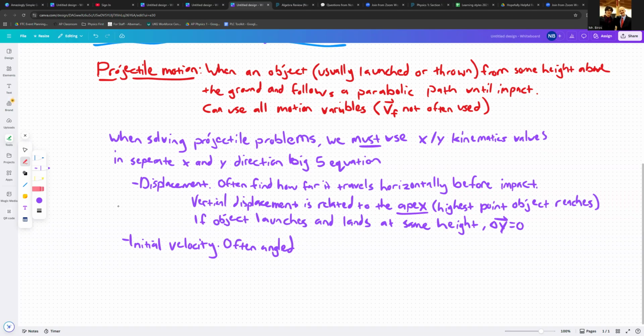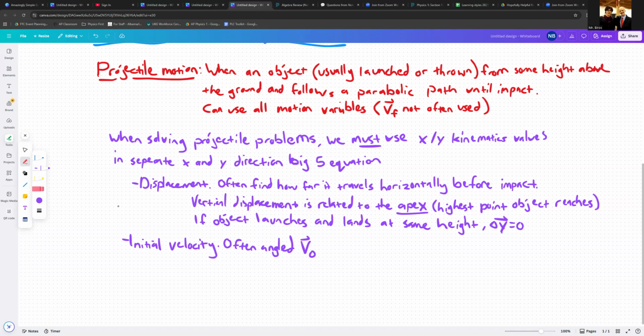It's not always, but frequently our v0 is at an angle just because of how projectiles work, and a lot of the time you're launching it up and to the right so that it arcs through the air in a parabolic path and then hits the ground or wherever it impacts. It just depends how the object is launched or thrown.